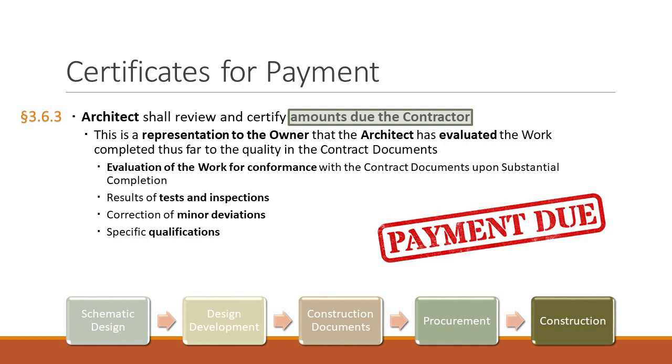The issuance of a certificate for payment shall not be a representation that the architect has made exhaustive or continuous on-site inspections to check the quality or quantity of the work, has not reviewed construction means, methods, techniques, sequences, or procedures, has not reviewed copies of requisitions received from subcontractors and suppliers, and other data requested by the owner to substantiate the contractor's right to payment, or ascertained how or for what purpose the contractor has used money previously paid on account of the contract sum.